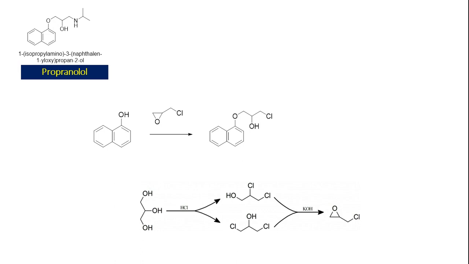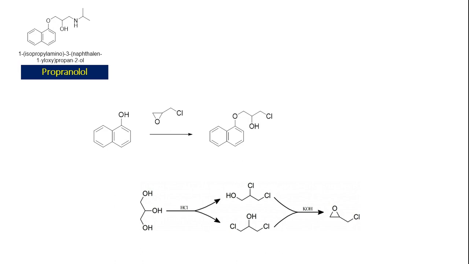Epichlorohydrin is obtained industrially from glycerol. Glycerol is a waste product obtained from the soap industry, because they take vegetable oil and saponify it. Whatever saponified fatty acids are there, they take for making soaps, and the glycerol is the waste material generated.